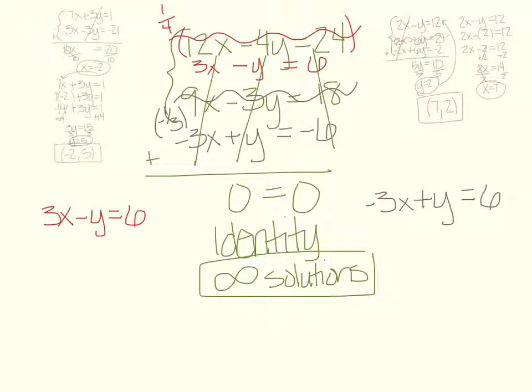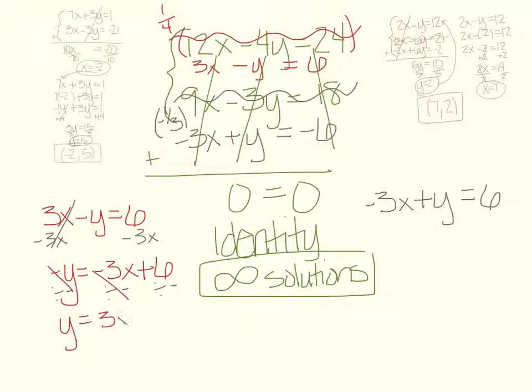So over here, we can subtract 3x from both sides, giving us negative y equals negative 3x plus 6. Then we'll divide every term by a negative. So y equals 3x minus 6.